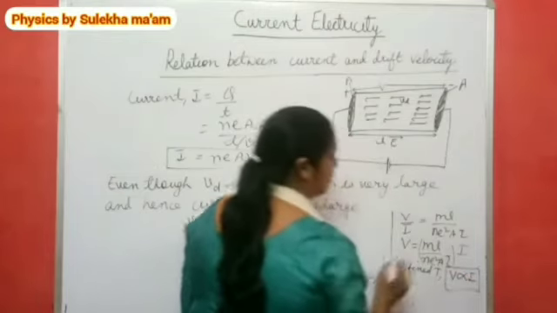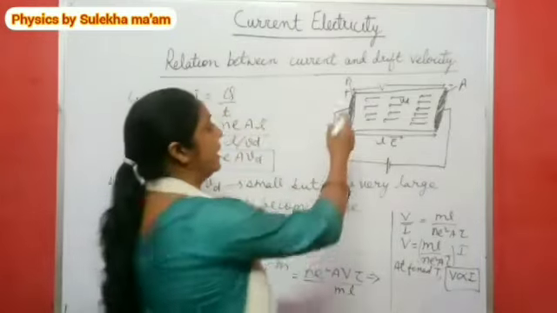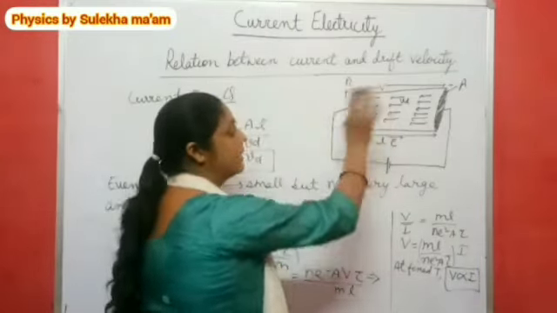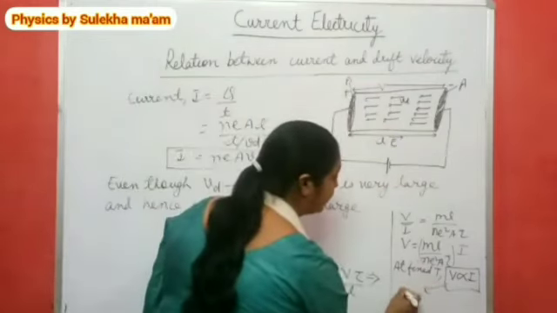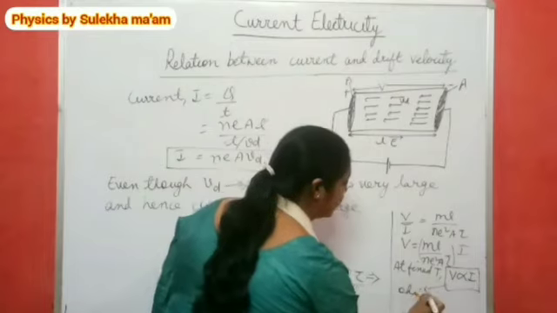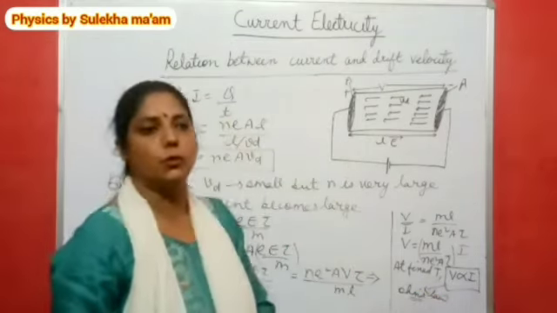As the potential across the ends of the conductor increases, the current inside the conductor increases. And this is nothing but Ohm's law, which we will discuss in the next class. What is Ohm's law?